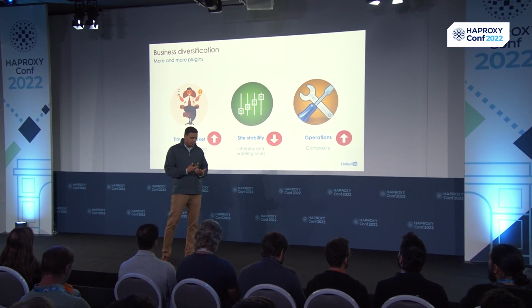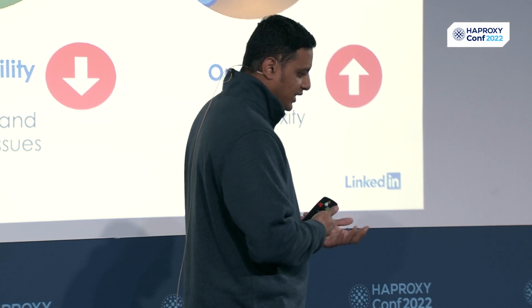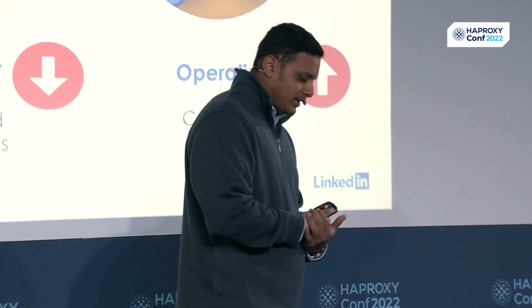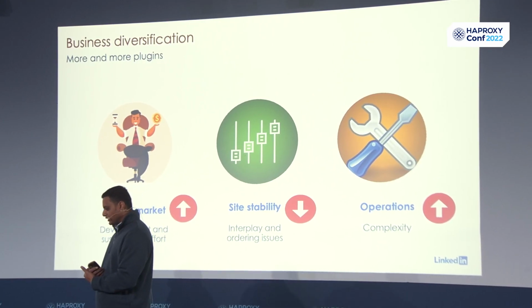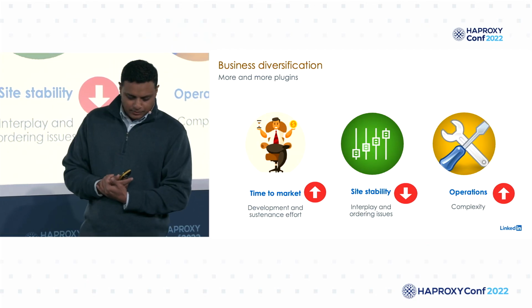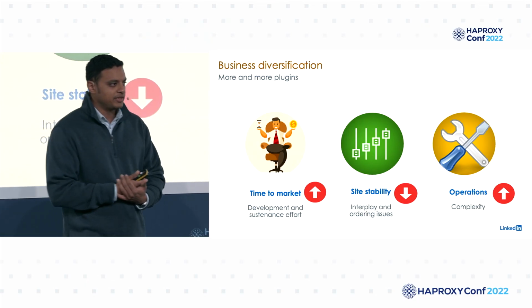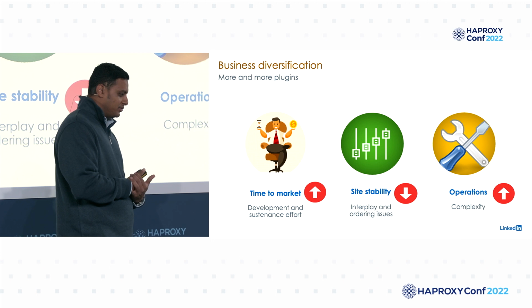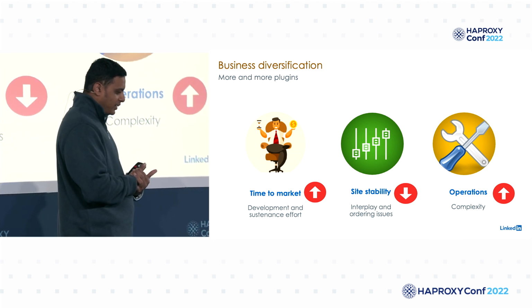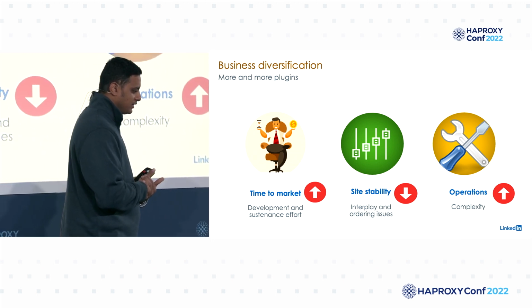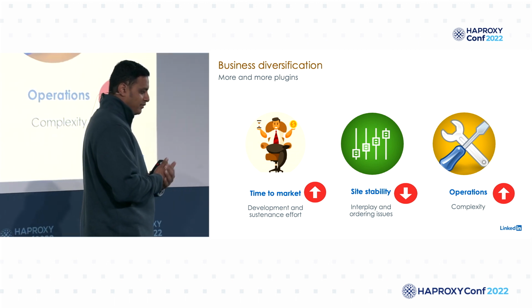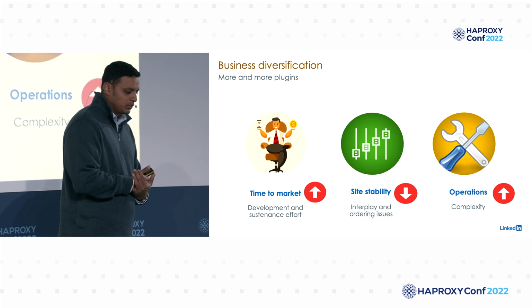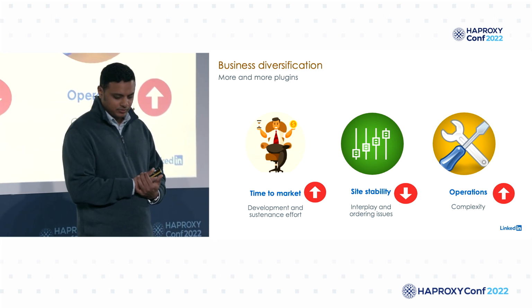Or we need to keep evolving our anti-abuse protections from time to time, keep improving our data center failure mechanisms, keep adding more authentication mechanisms. So how do we keep up with these feature requests? We can extend Apache Traffic Server. The way to do it is adding custom plugins. We kept doing that from time to time to address our feature requests.